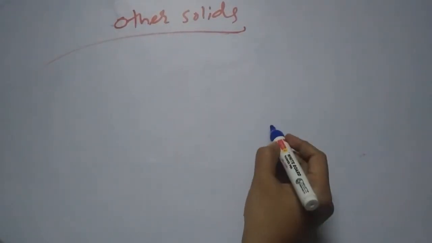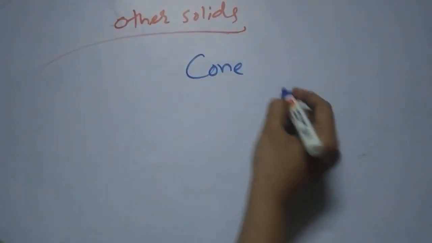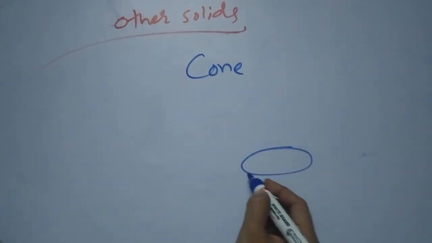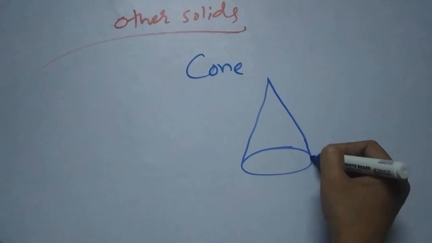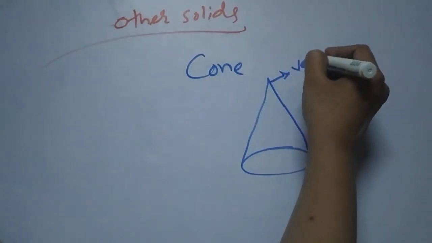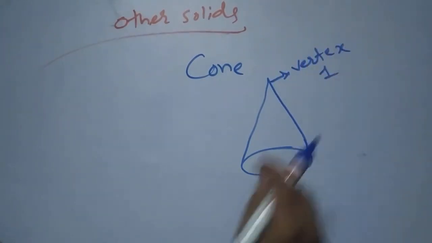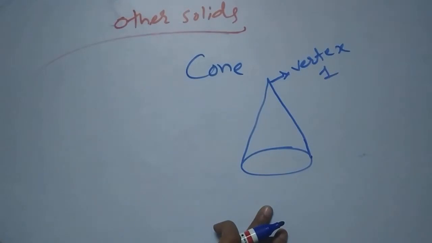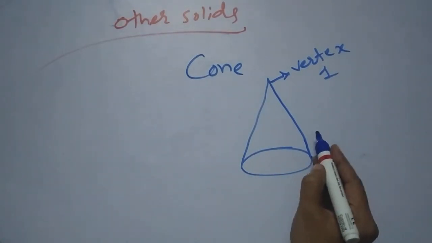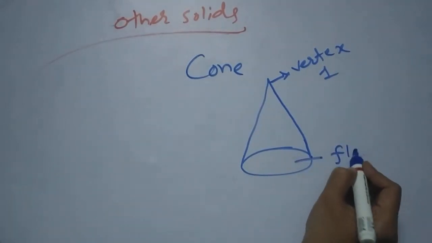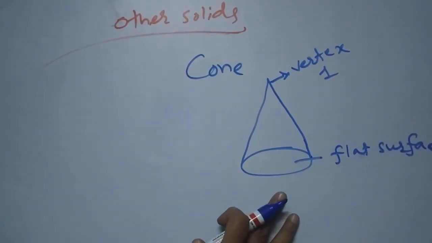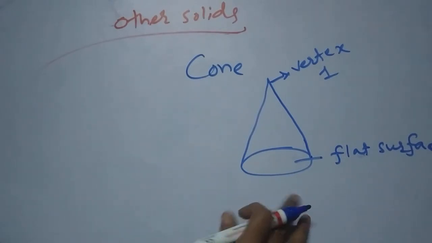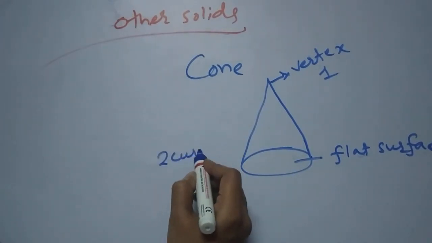Next we are having a cone. So if you see here the cone, this is its vertex. So there is one vertex. Again you can see it is a flat surface, and you are having the curved edge also. 1 curved edge.